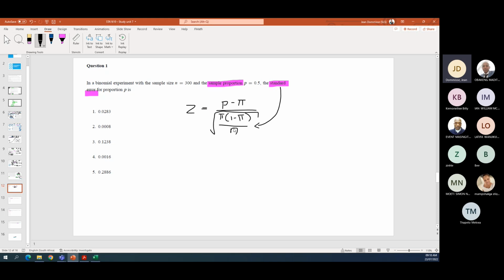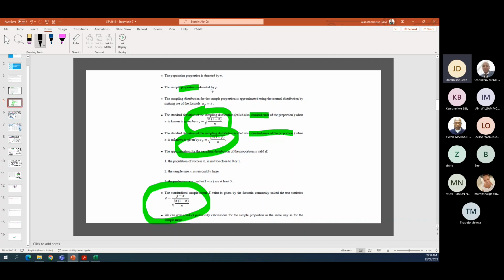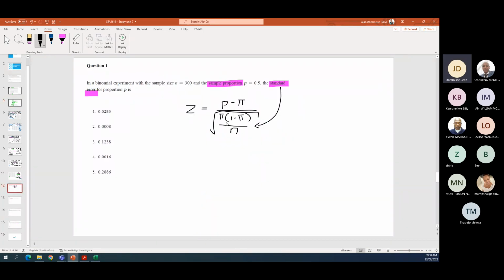As with the standard error of the mean that sits below, it's the same for the proportion. Remember from the definitions, if the proportion is known, it is that formula. If it is unknown, we work with that formula. But basically we work with a P.